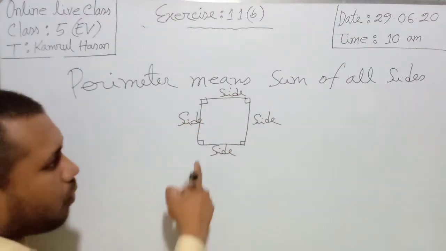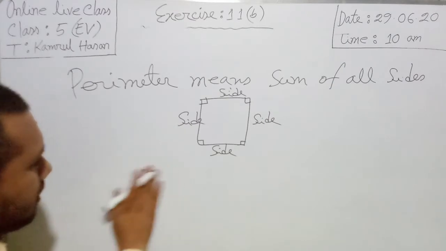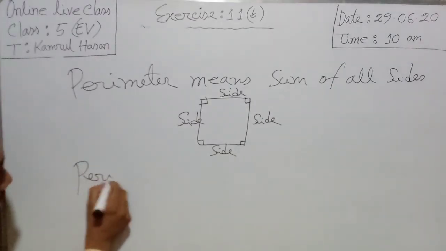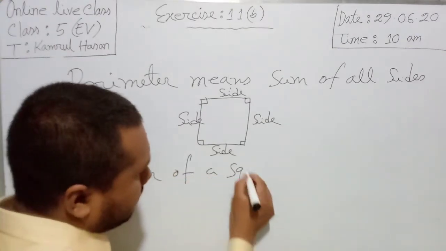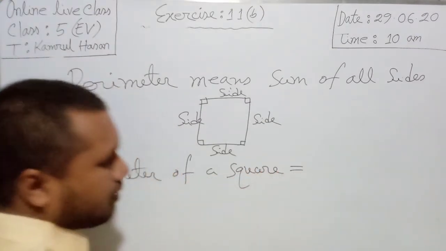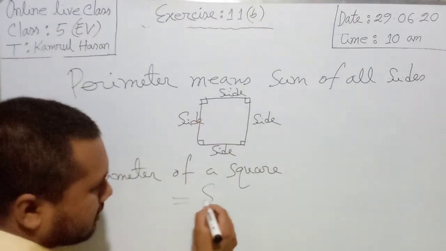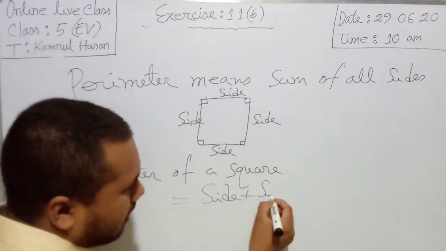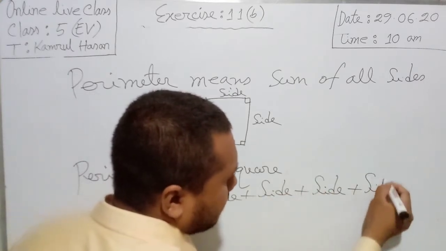And look, we know all sides are equal. So if we find the perimeter of a square, what will be our answer? Perimeter of a square, side plus side plus side plus side.